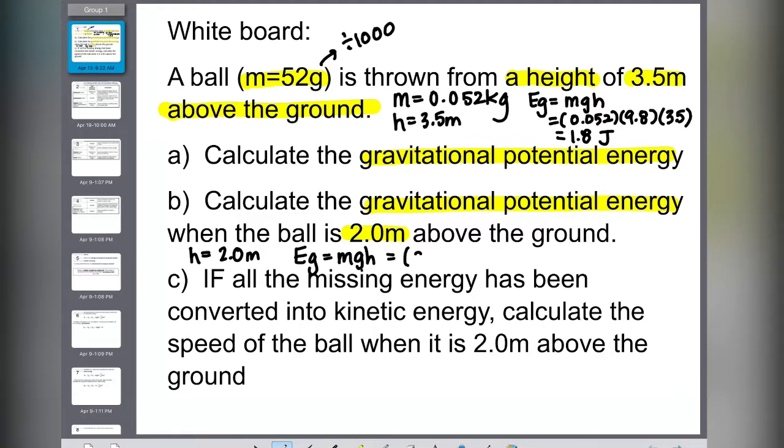Sorry, I'm squishing the space. So 0.052 times 9.8 times the height, which is now 2 in this case. That gives 1.0192, so rounded to 2 sig digs, 1.0 joules.